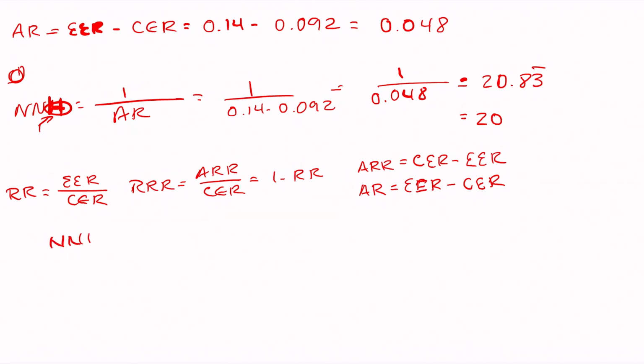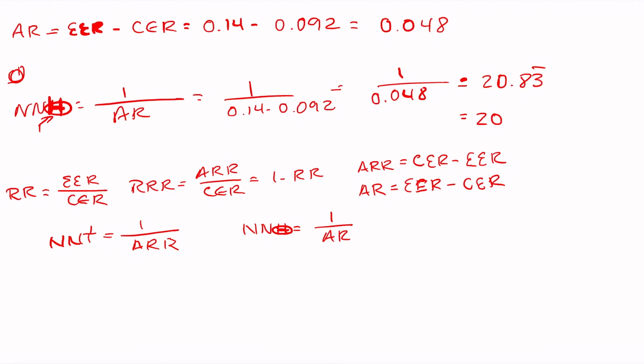Number needed to treat always gets rounded up because it has that plus sign in it. And so that's 1 divided by ARR. And then number needed to harm equals 1 divided by AR, which is always rounded down because it has a minus sign within it. If you guys have any more questions, let me know. If you guys want any more clarifications, I'd be happy to help you out.